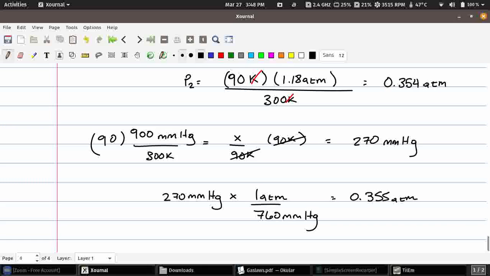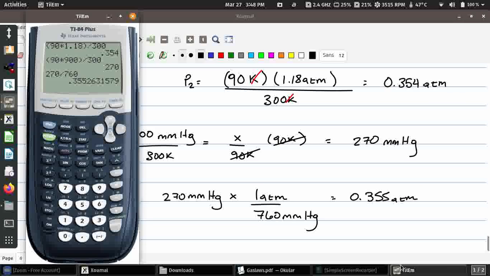It's probably where I rounded it here. If I would have used the actual answer, it would have been the same thing. And there you go. Same exact thing.